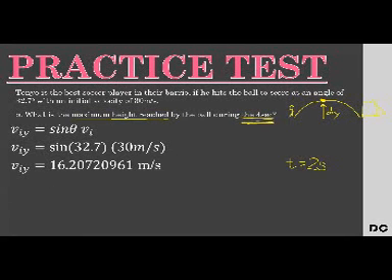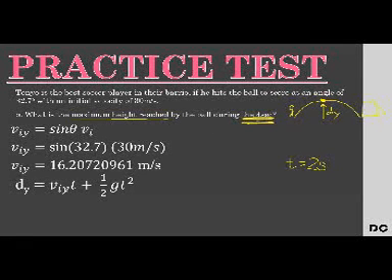Okay, so the next question is, ano ba ang gagamitin nating equation? Since we have to choose between the time independent and displacement formula, and since a specific time interval is given, we will use the displacement formula, which is dy equal to v_iy times t plus 1/2 g t squared.